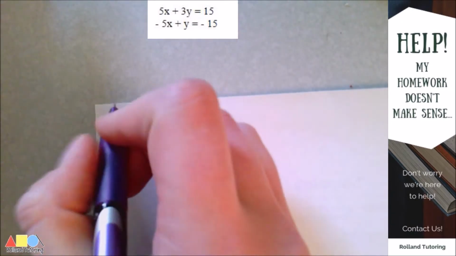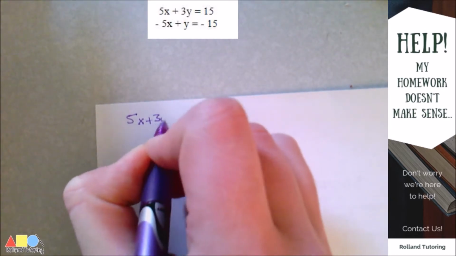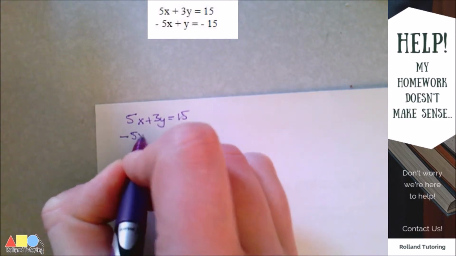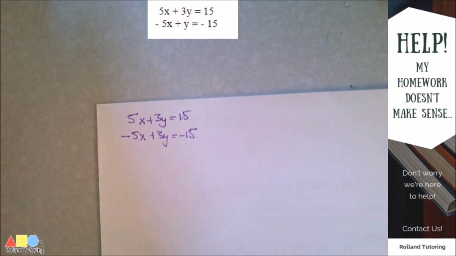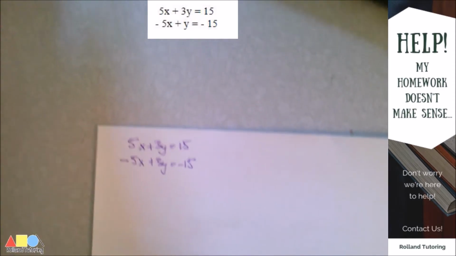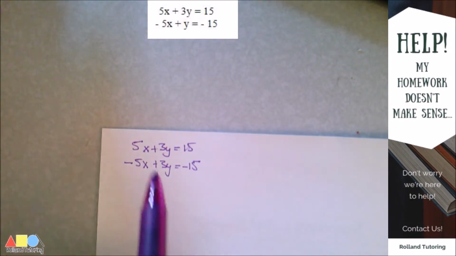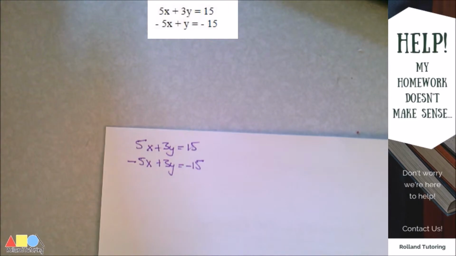So we can start by writing our 5x plus 3y equals 15. And our second one of negative 5x plus 3y equals negative 15. Our first step here is we need to add these together so that we can solve for one of the variables.